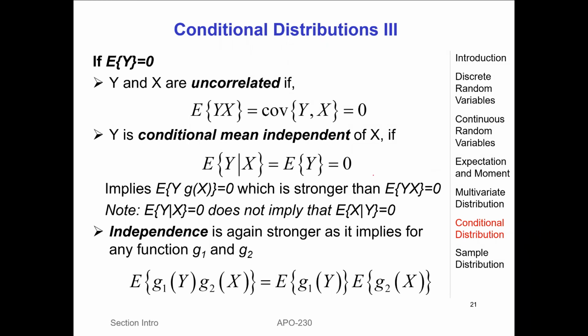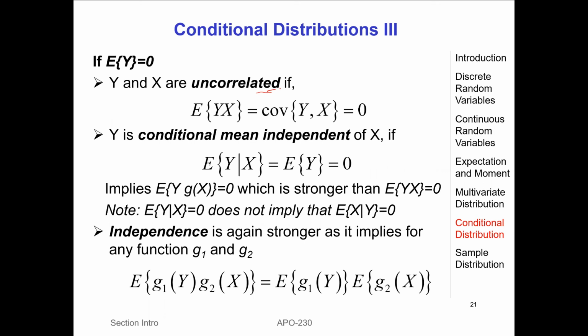Then it's also important to distinguish the different levels of uncorrelatedness, so to say, in statistics. Now, the first case we just saw before: x and y are uncorrelated.